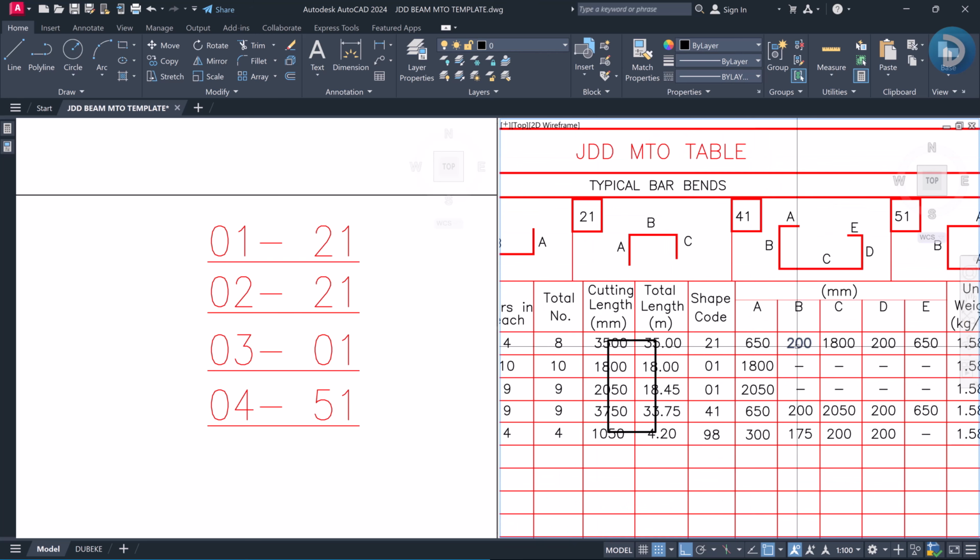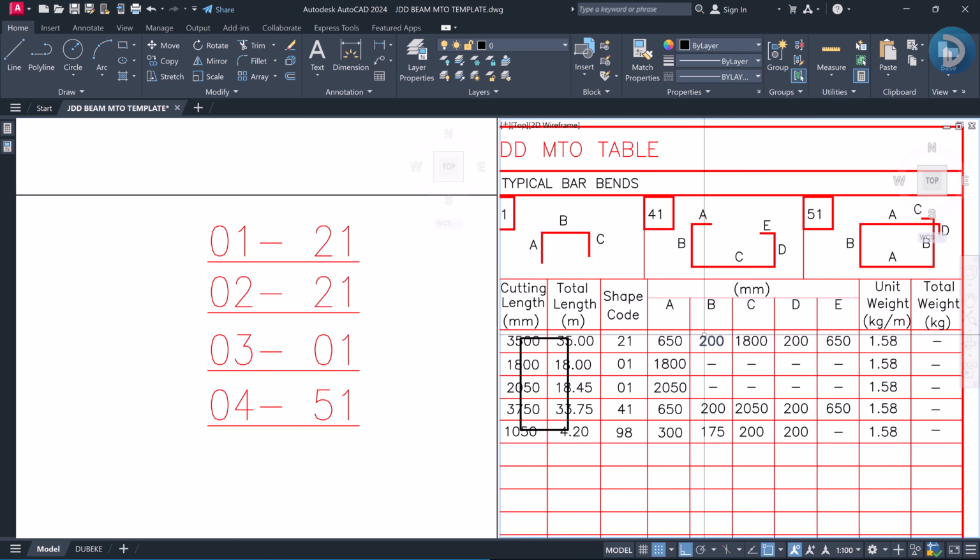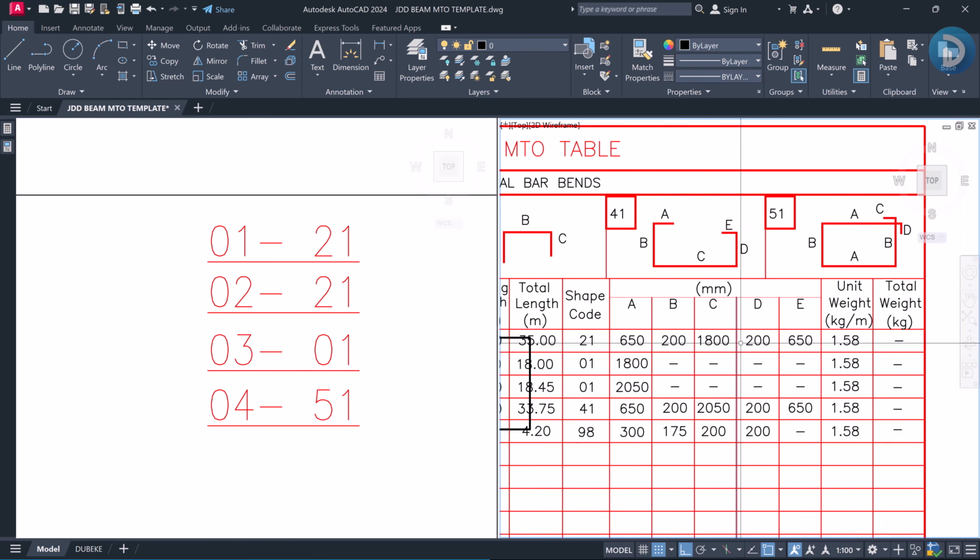So it means I need side A, side B, and side C. So I'll take this to dash, and I'll also take this to dash. Okay, so it means I do not require these other two alphabets, right? For this very shape code that we are dealing with.